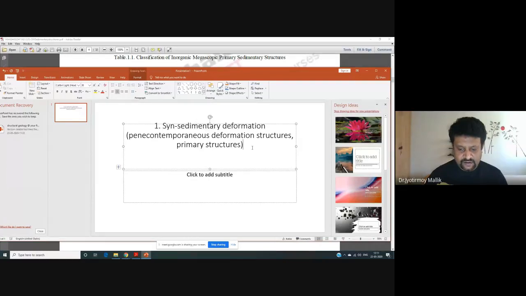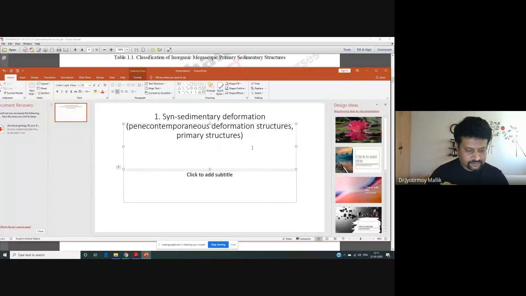The second one is called syntectonic deformation. Sorry, syntectonic sedimentation.